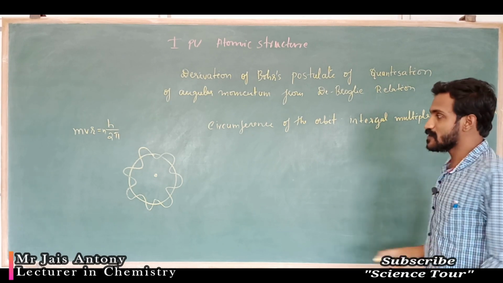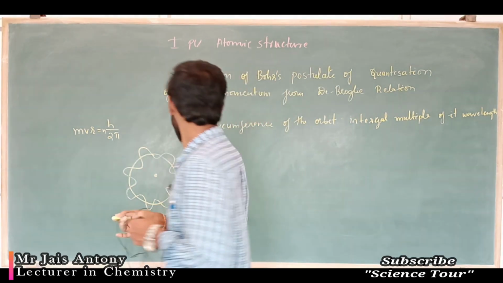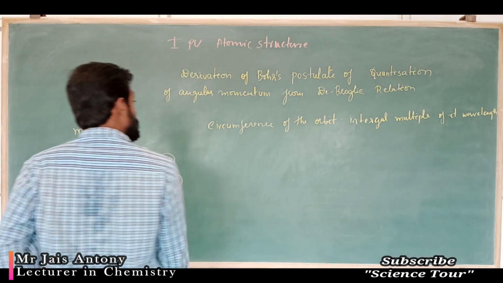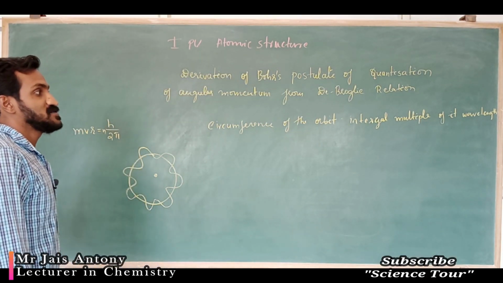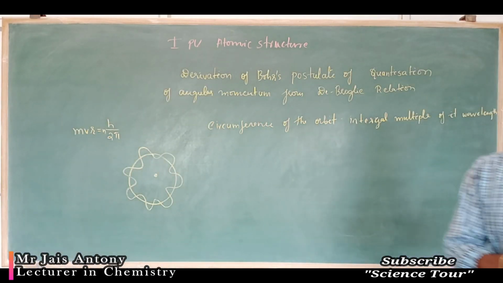So what do you understand by this, that the circumference of the orbit is an integral multiple of its wavelength? What did you understand?